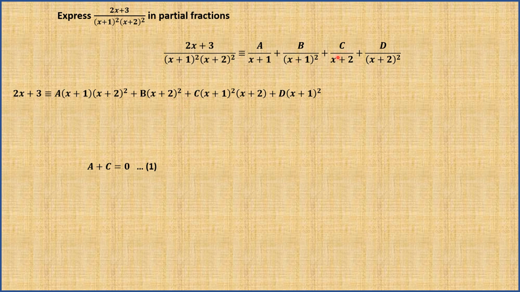And the term in C, when we multiply this fraction by this denominator, the term in (x + 1) squared remains, while for (x + 2) all squared, the power reduces by 1 because one of the factors will cancel out, and you have that as you can see, and the other part follows. So the other term cancels out completely. That's (x + 2) cancels out completely.